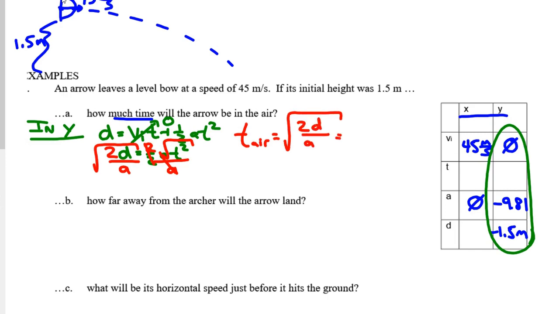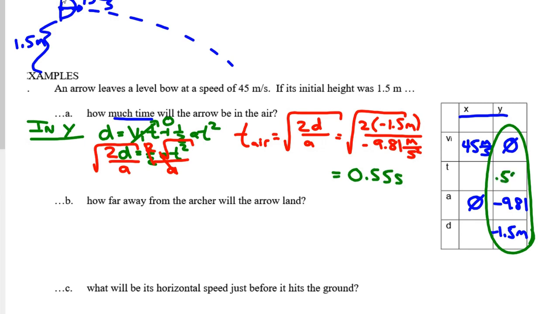Plugging in our numbers, we have the square root of 2 times negative 1.5 meters over negative 9.81 meters per second squared. When I did that calculation, I got a value of 0.55 seconds. So I put in my 0.55 seconds. Now, since the time is the same in the horizontal, I have 0.55 seconds here.